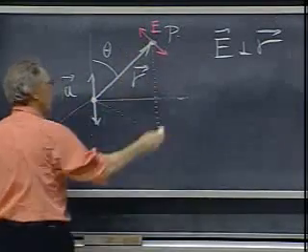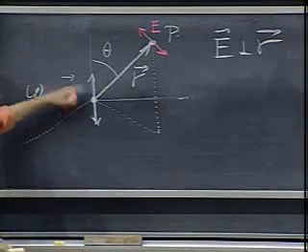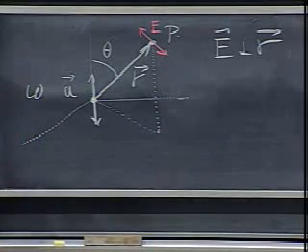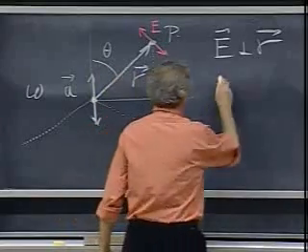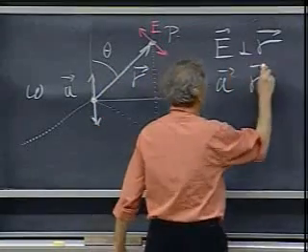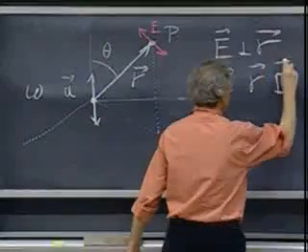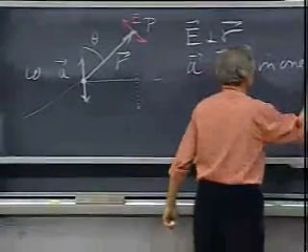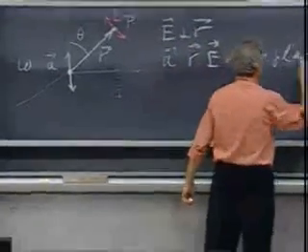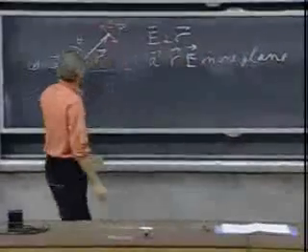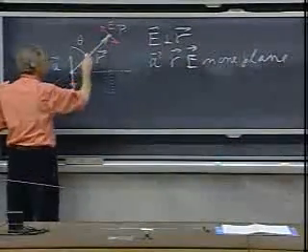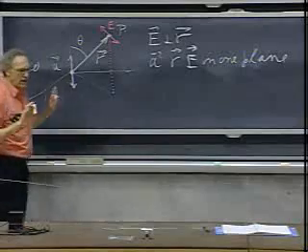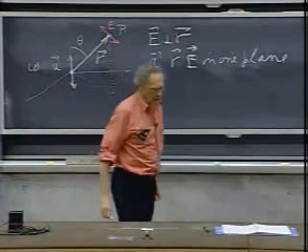The electric field that you experience, if the charge is doing this, is always perpendicular to r. And A and r and E are always in one plane. And notice, that's the way I drew it on the blackboard. E and A and r are in one plane. So it's extremely simple.